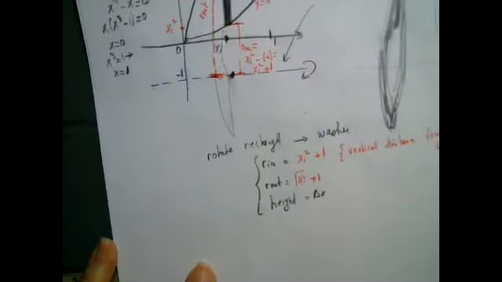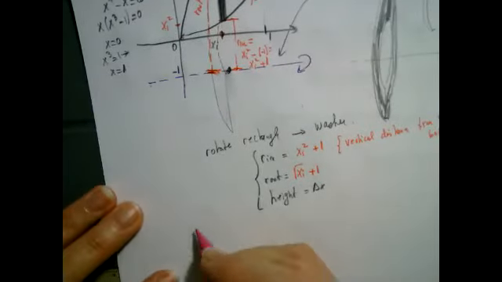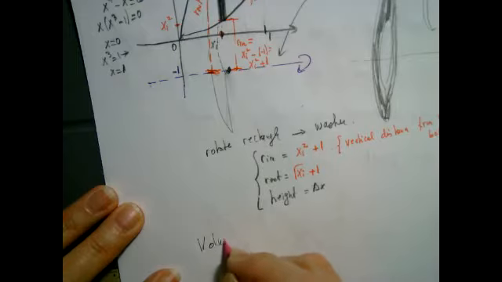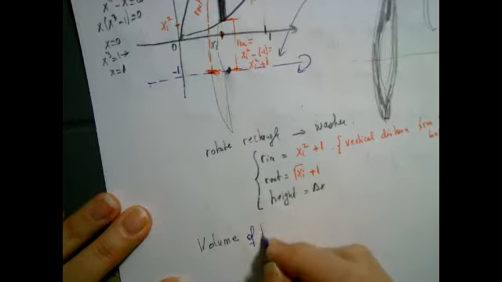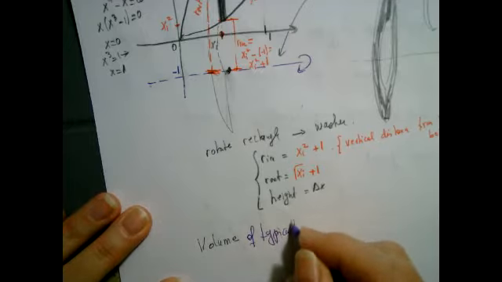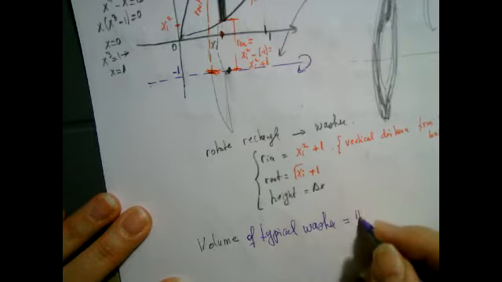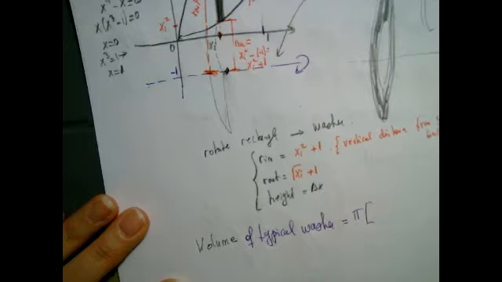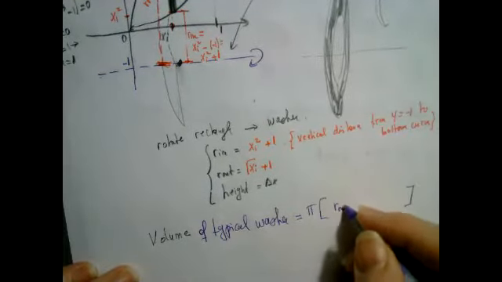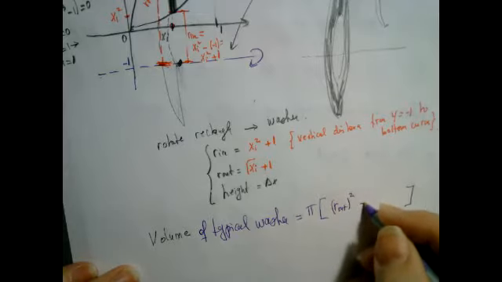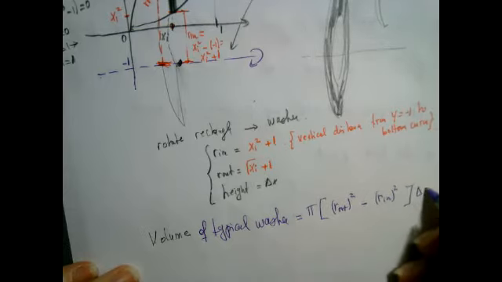So now the volume of a typical washer. Now we have everything. Actually, once we do that, we're done. Volume of a typical washer is equal to pi times the outer radius squared minus the inner radius squared times the little height.